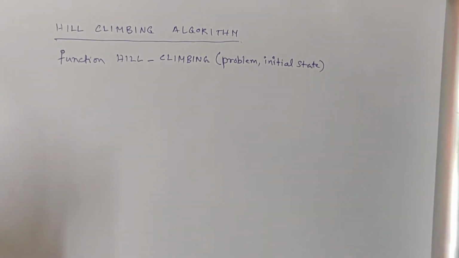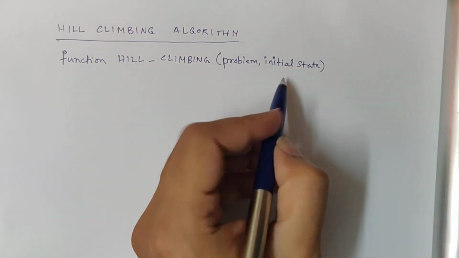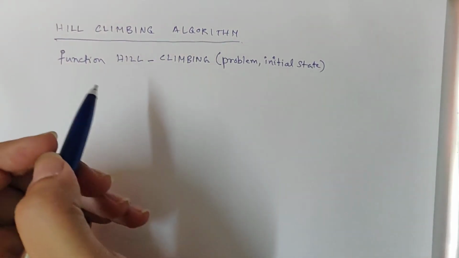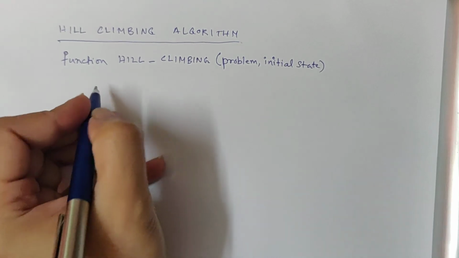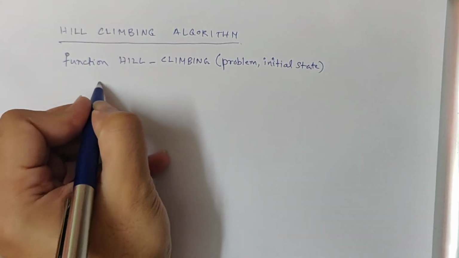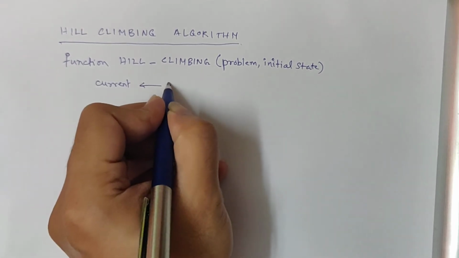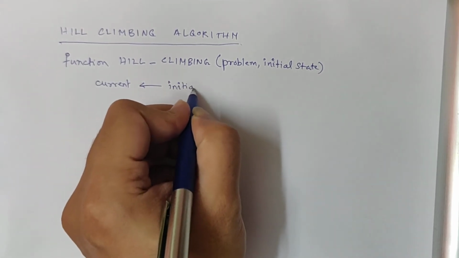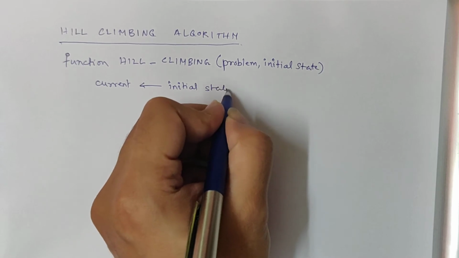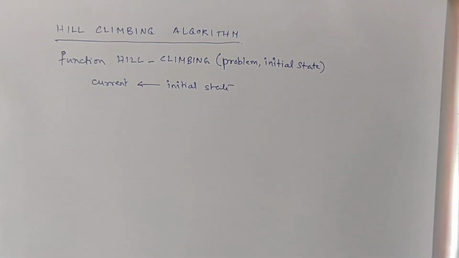So how does the problem start? We have been given one initial state, so we make the initial state our current state. That is where we start our problem, and then we start a loop.